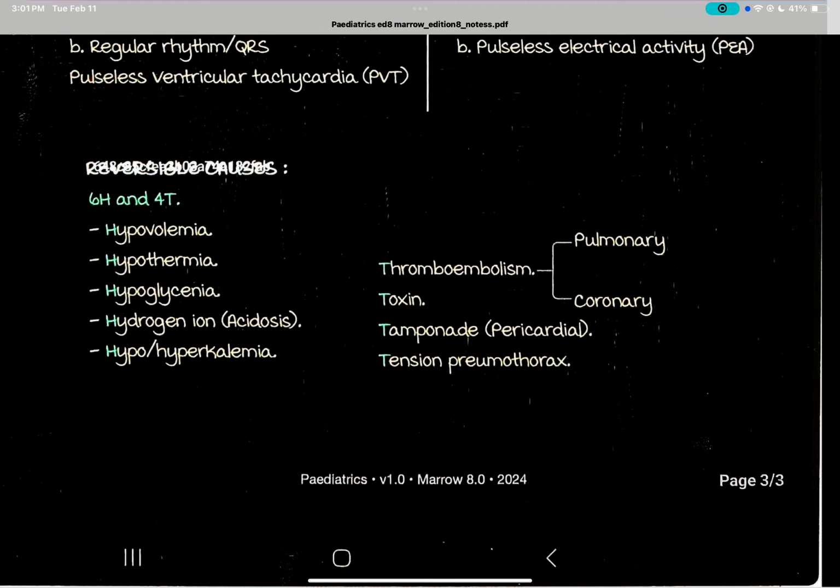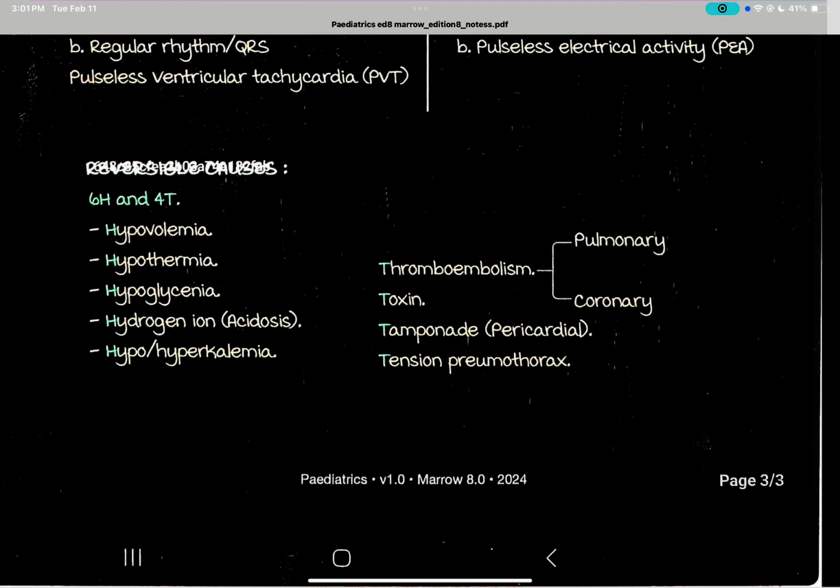What are the 6H and 4Ts of cardiac arrest? 6H: hypoglycemia, hypothermia, hypovolemia, hyper or hypokalemia, hydrogen ion acidosis. And what are the 4Ts?